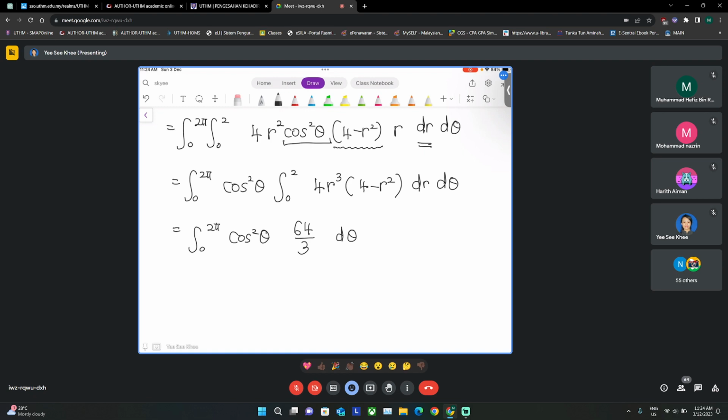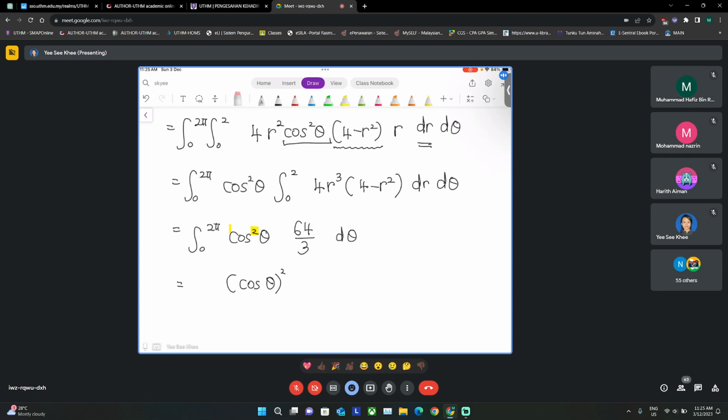Now you can press the calculator for this cos squared theta. But when you press this, be careful on the square and how you define it. In the calculator, you should define it this way: cos theta and then square, like this. You don't put a square on the theta itself, otherwise you'll be wrong.